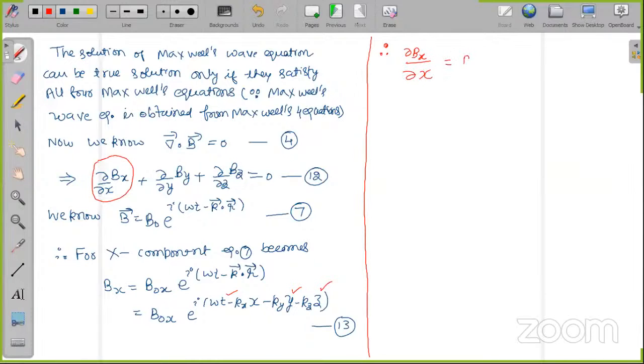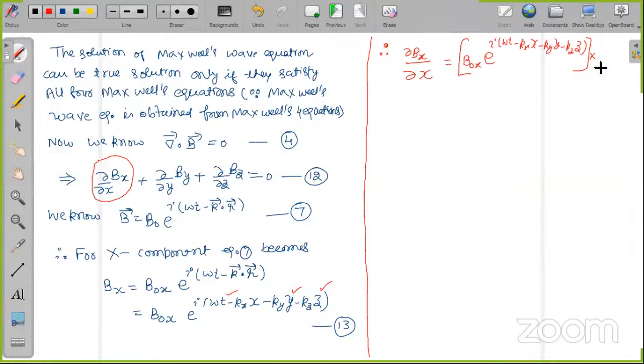It should be b0x e raised to power iota omega t minus kx x minus ky y minus kz z. It will be multiplied by what?